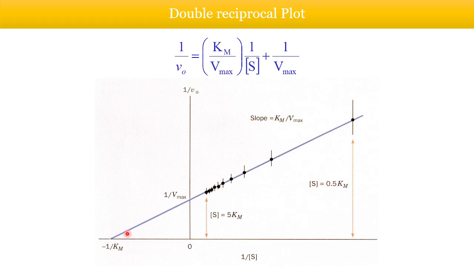So you plot 1 by V naught versus 1 by substrate concentration. Along the x-axis you will get minus 1 by Km, the y-intercept is 1 by Vmax, and the slope is Km by Vmax. And from here you can calculate the substrate concentration at different points.